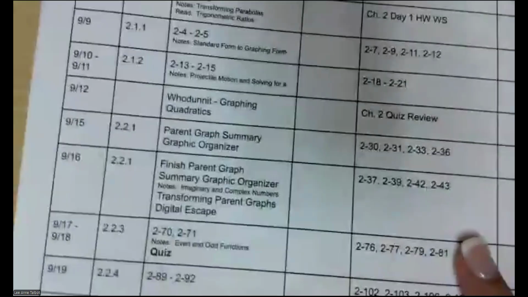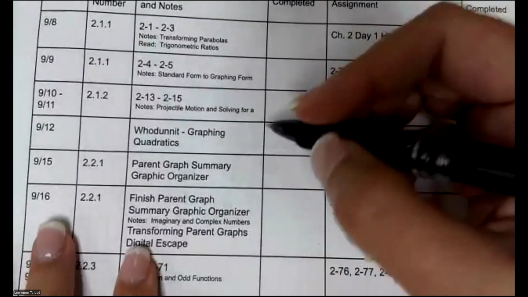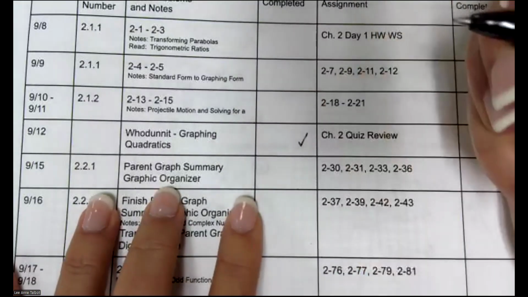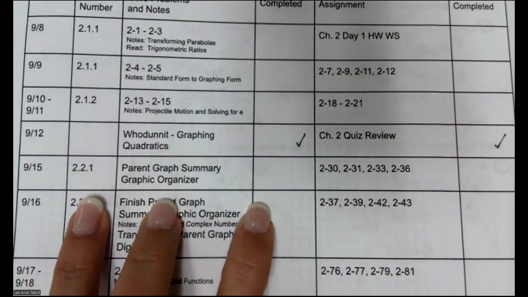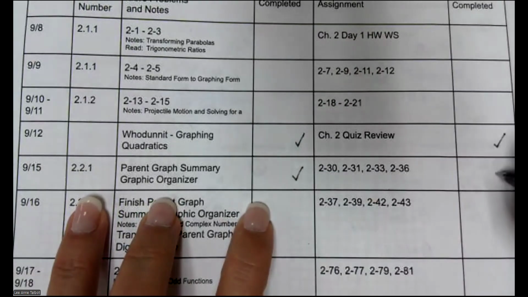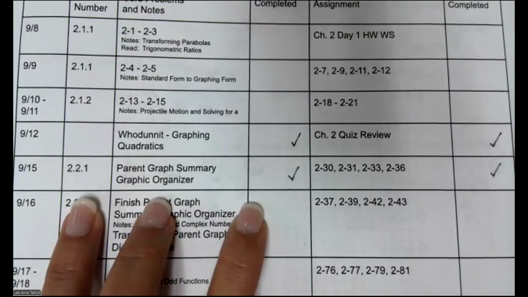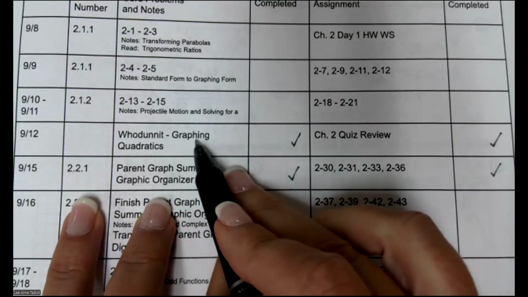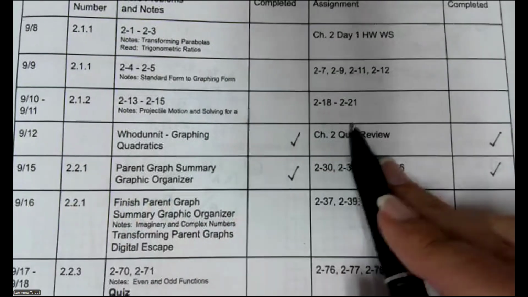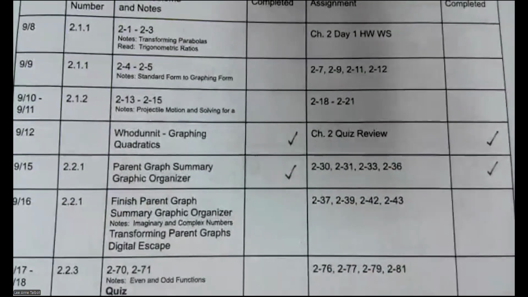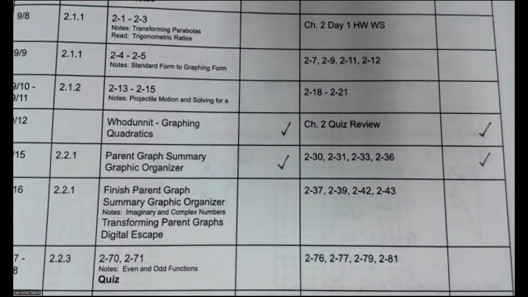I am looking for the whodunit, the quiz review, the blue pages, and 30 through 36. Again, I'm looking for the whodunit, the quiz review, the blue pages, and 30 through 36. Okay, everybody clear with what we're doing and what I'm going to be doing?